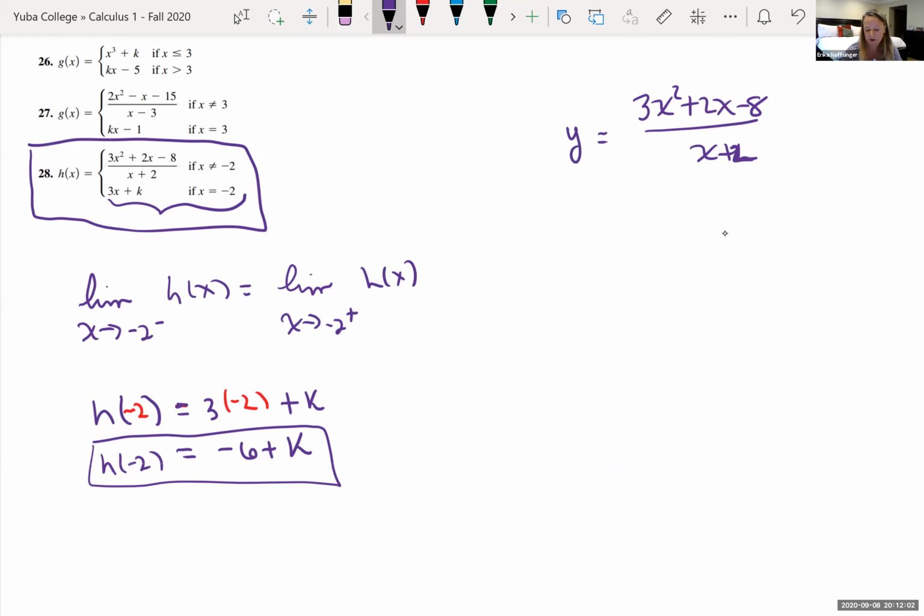We're going to have a vertical asymptote if it doesn't also make our numerator equal 0. So I'm believing that this factors, and one of the factors is x plus 2. Let me just look at this and make sure. I'm believing that this is probably going to factor as this: 3x squared, a positive 6x minus a 4x gives me my middle term 2x, and -8, all over x plus 2.